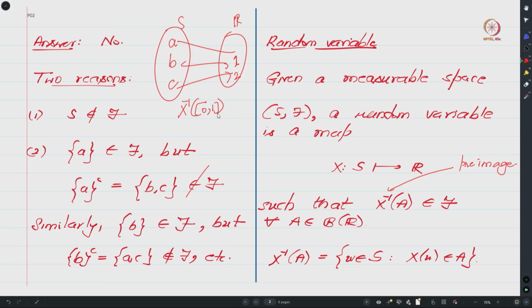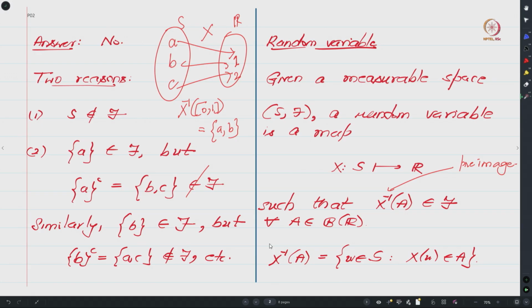I hope you agree that the interval [0, 1] is a subset of R, and I am asking, if this is your map X, what is X inverse of [0, 1]. So we have to go to S and identify all those points which map to [0, 1]. One can see that in this case both A and B map to 1, hence X inverse of this closed interval [0, 1] will be {A, B}. In this way one can define this pre-image.